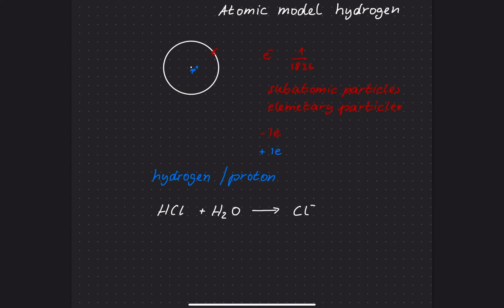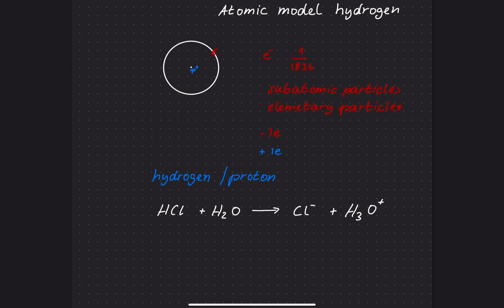However, the H+ or the proton is unstable alone. And that is the reason why it usually forms a hydronium ion in connection with water. So the H+ becomes part of the water molecule.